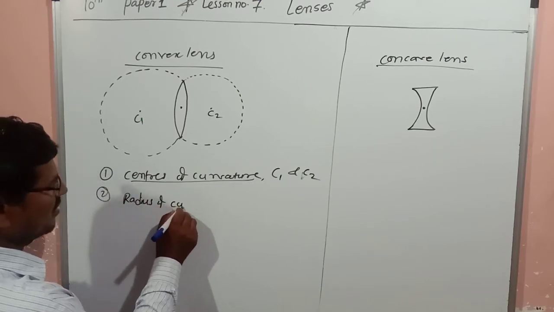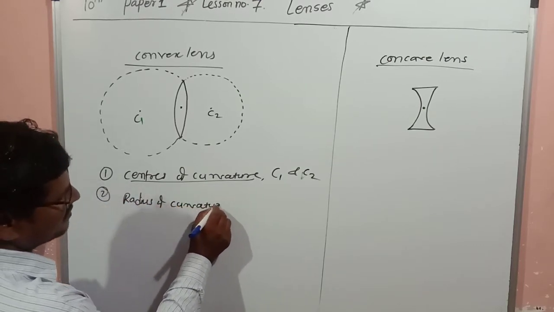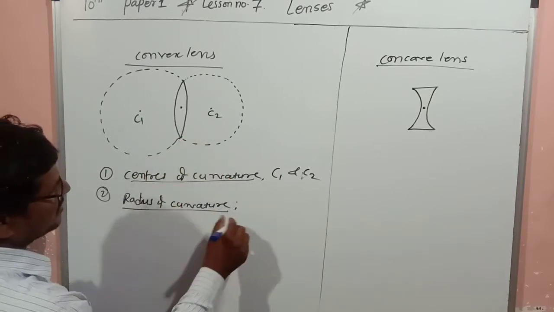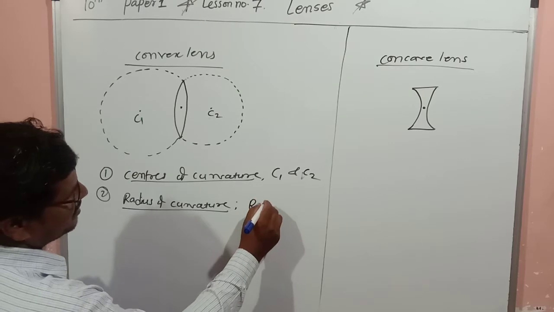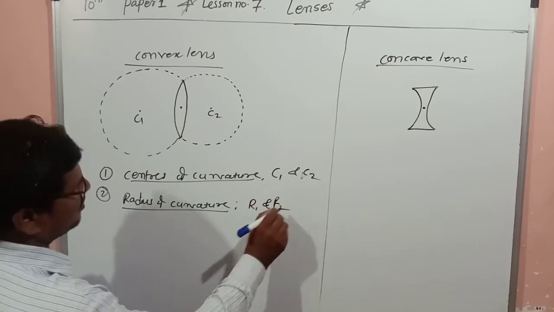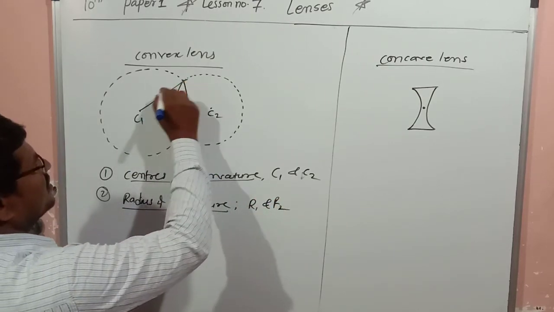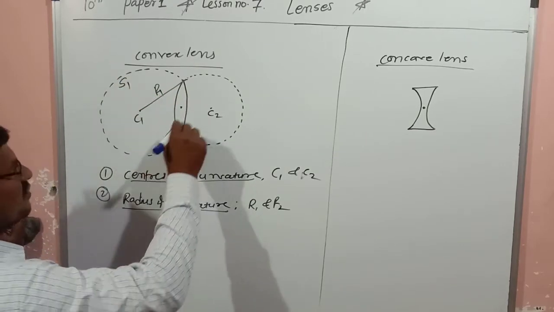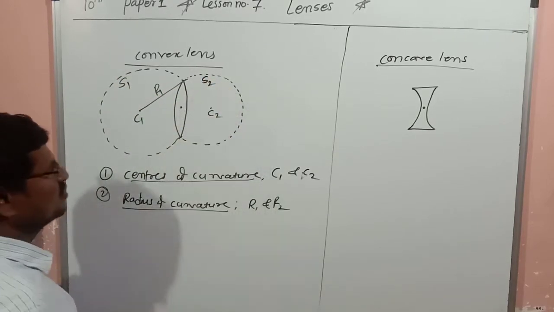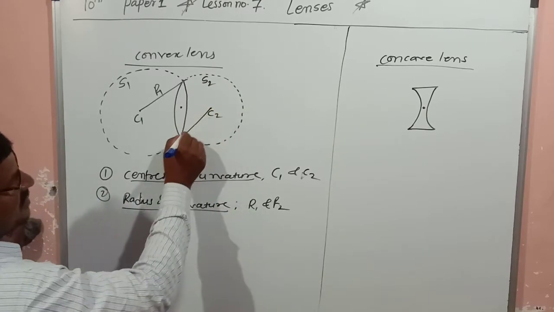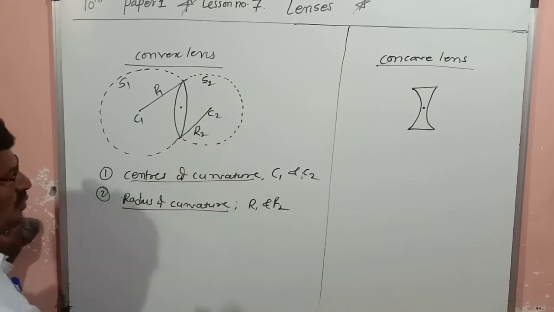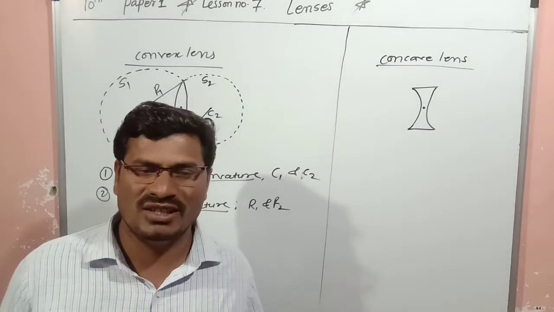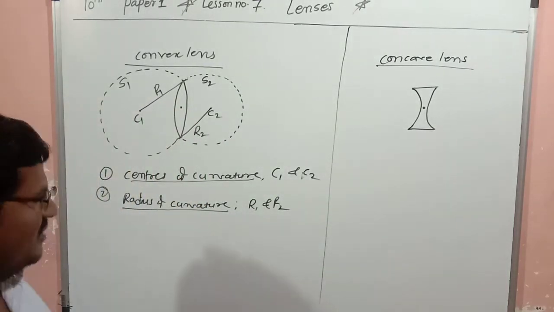Two spheres are there, so there are two radii of curvature, R1 and R2. Suppose this one is the sphere S1 and this one is the sphere S2, and this one will be R2. So each lens has two radii of curvature.